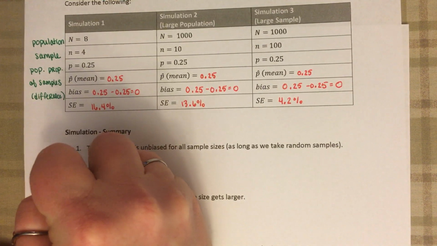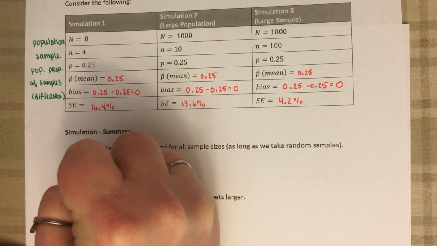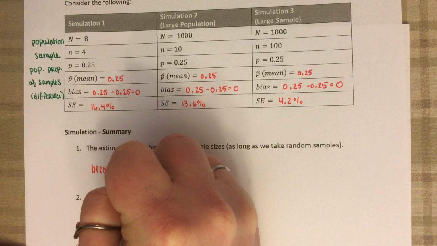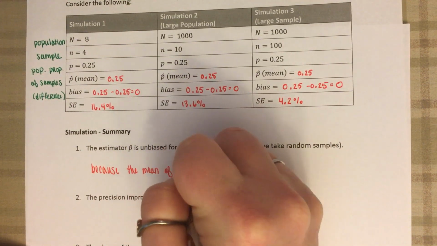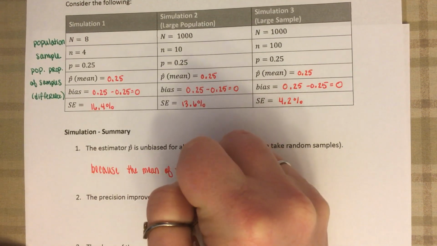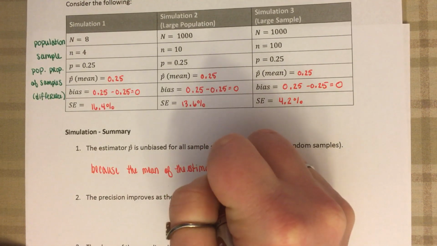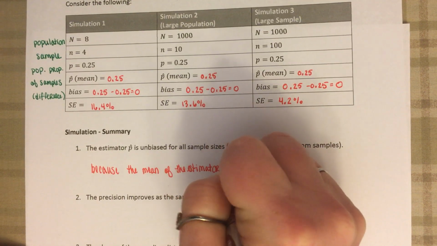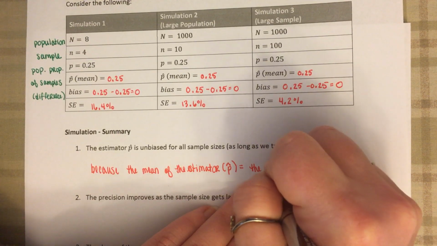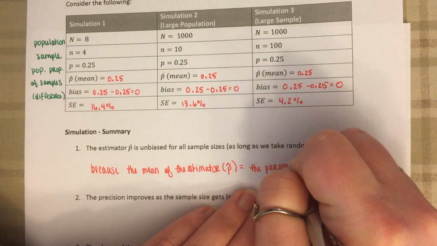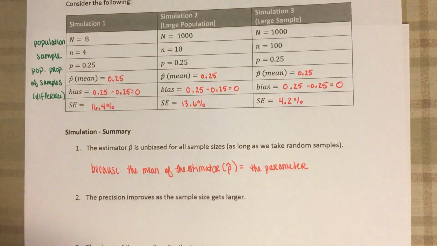This was because the mean of the estimator, the mean of our p hats, was equal to the parameter, which was our population proportion. So we were unbiased for all of these sample sizes. Again, that's a good thing. We don't want bias in our experiments.